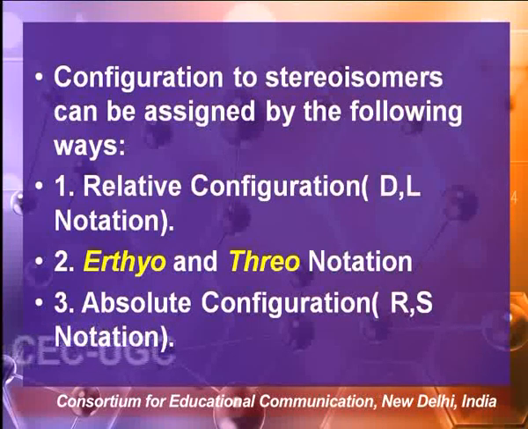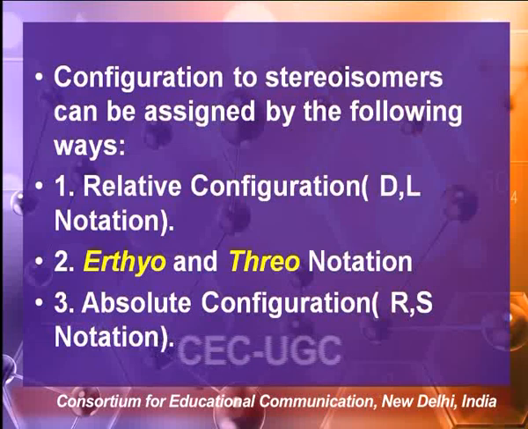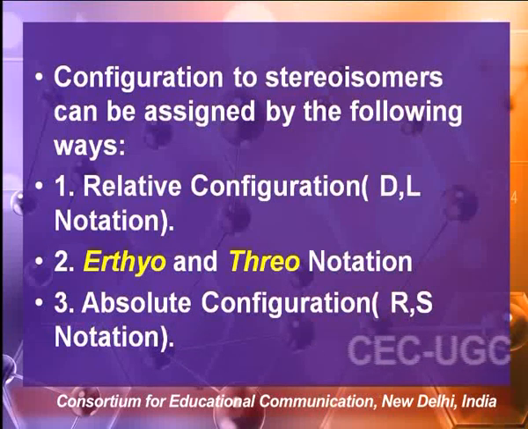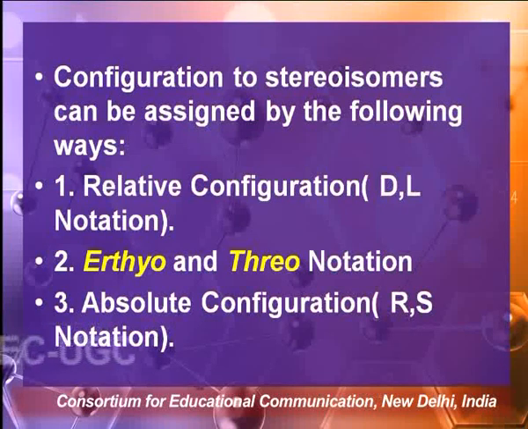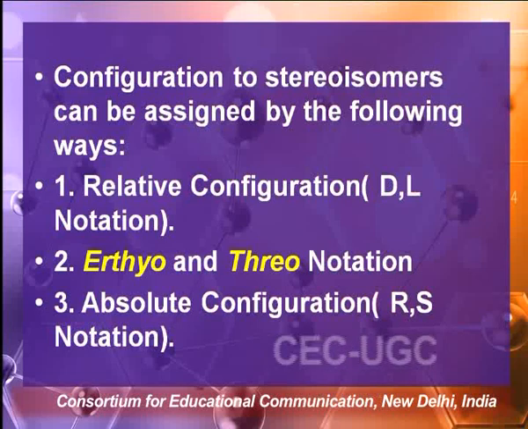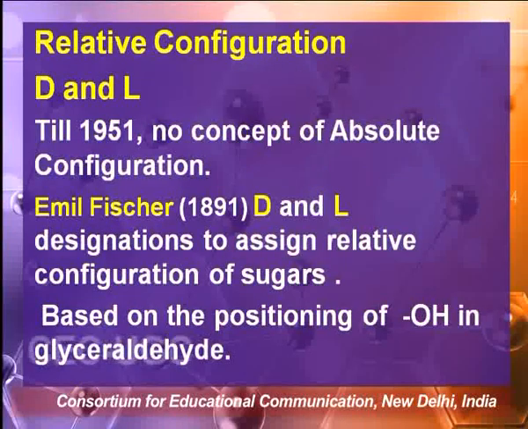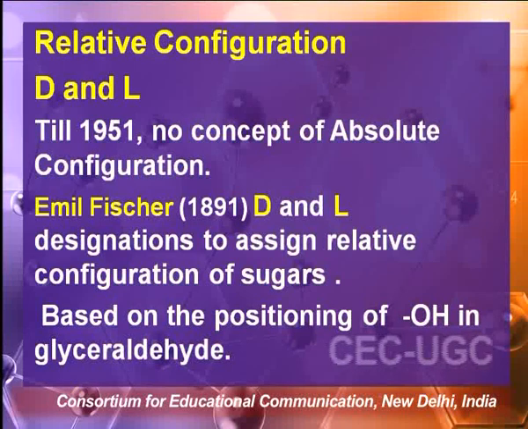Then we have erythro and threo notations, which are used to give the relative configuration of diastereomers. And then we have absolute configuration, which is indicated by RS notations. So in today's lecture, let me start with relative configuration.